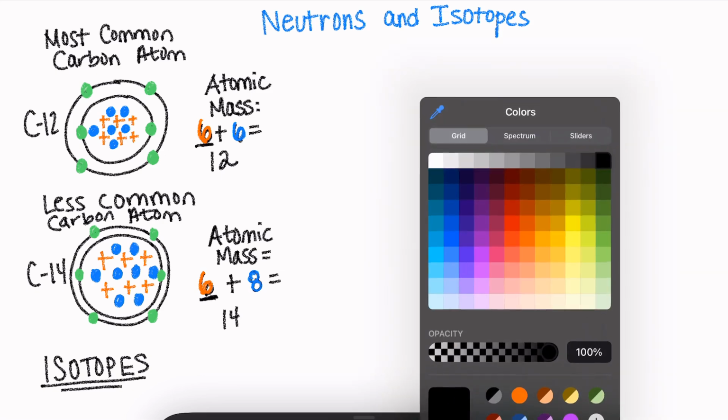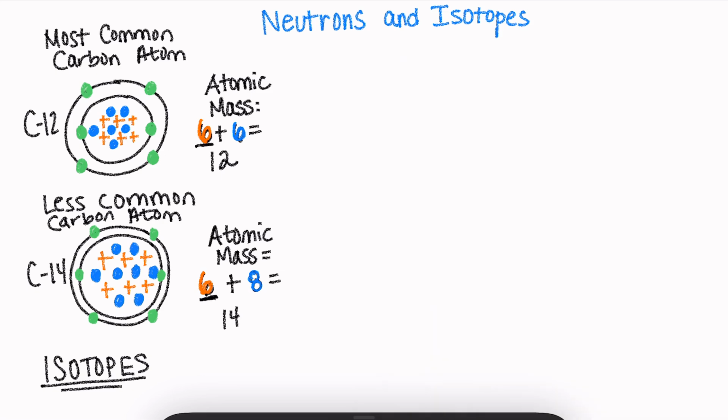The reason that I spend a couple minutes talking about this in anatomy and physiology is because it has application to what we call nuclear medicine, where we use radioactivity to treat people. So when you have carbon 14, we call this a radioactive isotope.